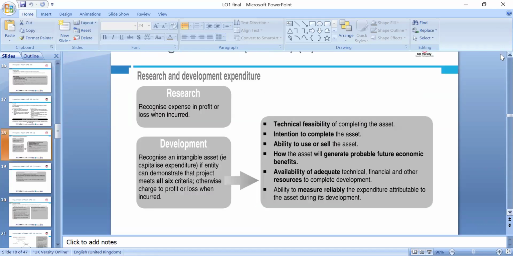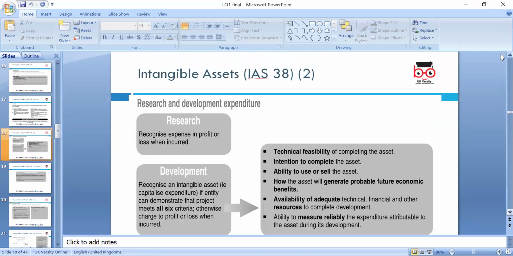Okay, so now research and development expenses. Research is an expense, and development can come under the definition of an asset, which we can treat as an asset if we can measure it reliably, if we have the technical feasibility, the intention to complete the asset, the ability to sell the asset, and the asset will generate future economic benefit, and if adequate technical, financial and other resources are available to complete the asset.